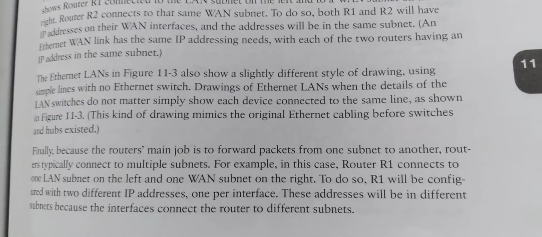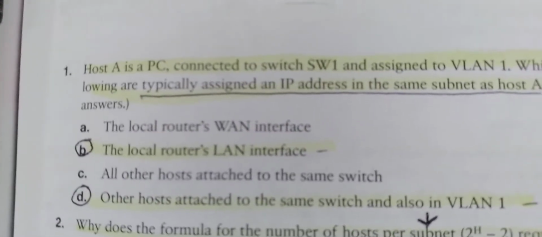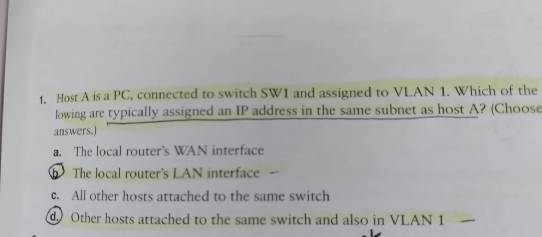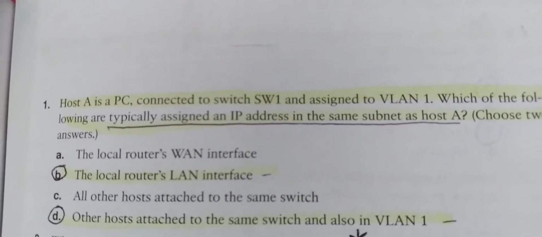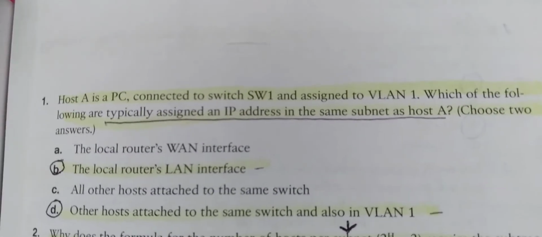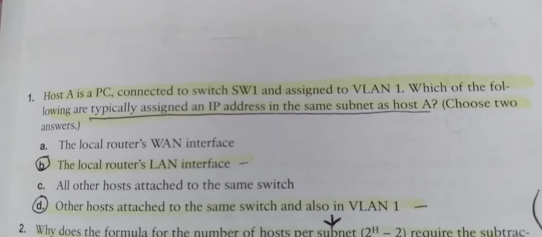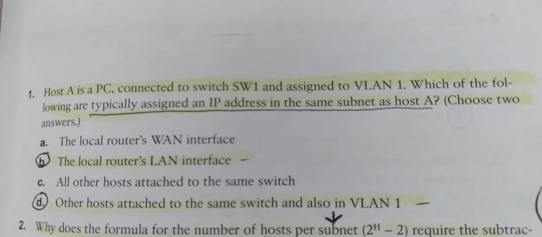So now we will go over, do I know this already? Host A is a PC connected to switch S1W1 and assigned to VLAN 1. Which of the following are typically assigned an IP address in the same subnet as host A? And it does state choose two.